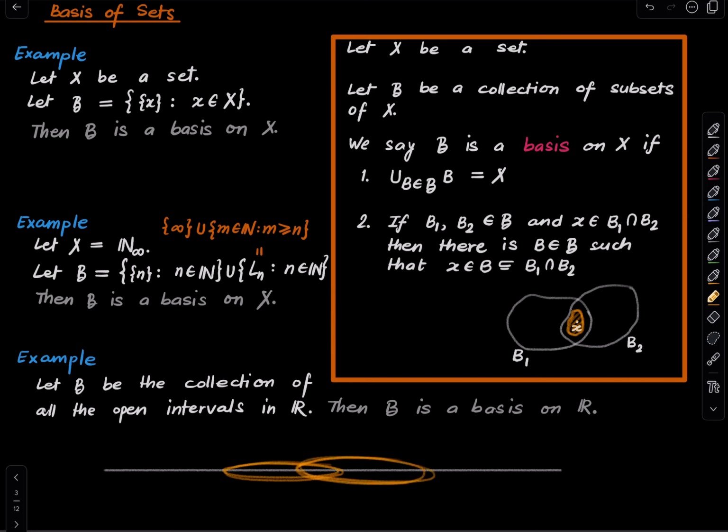Suppose somebody has chosen a point in the intersection. Then it should be visually clear that there is some interval that sits inside the intersection and contains the chosen point. So that's the reason. And you can formally write this. I encourage you to formally write this down if this is not completely clear.